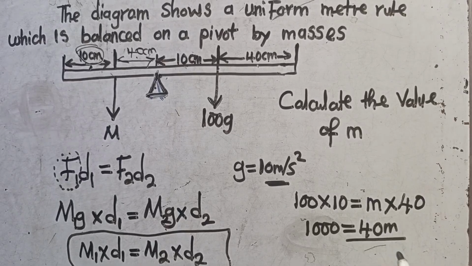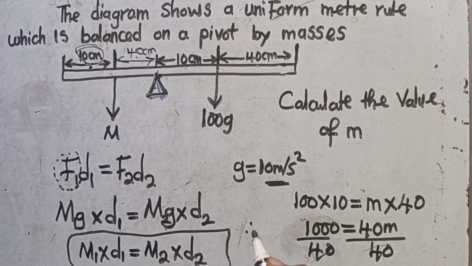I divide both sides by 40. So what answer am I getting? I say 1,000 divided by 40. What answer am I getting? I'm getting 25. So therefore M is equal to 25.